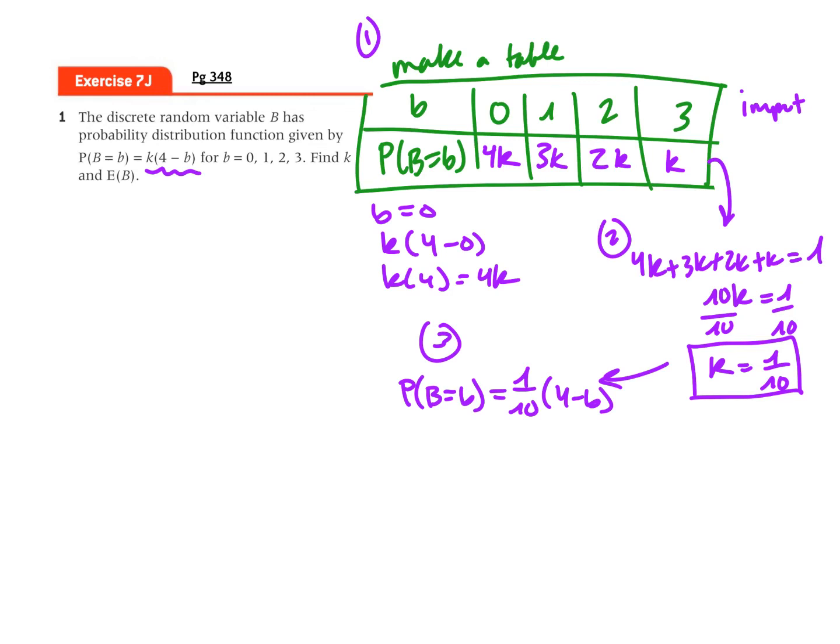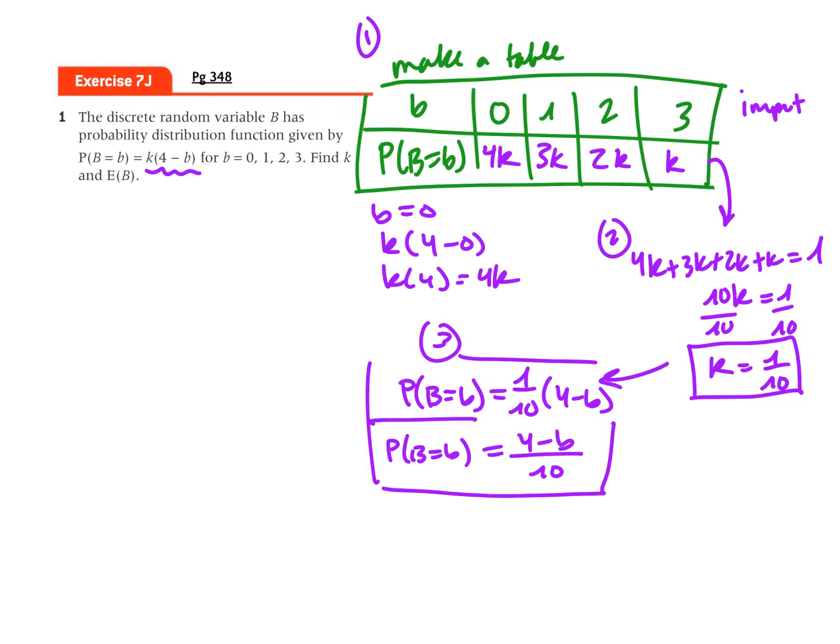One way to also write this is 4 minus b divided by 10. And that's similar to how we've been writing our equations when we have to find them ourselves. So just in case you were trying to make that connection.